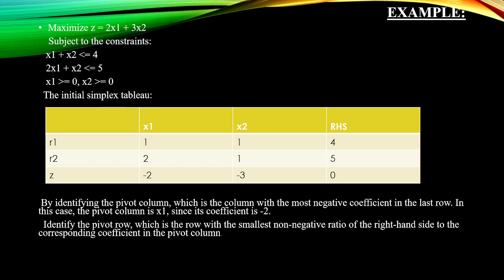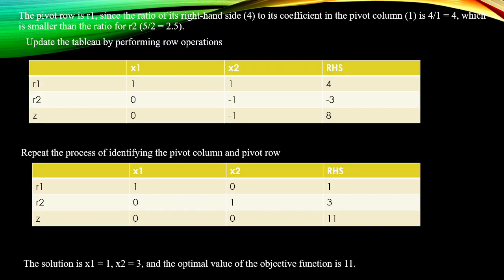Identifying the pivot row, which is the row with the smallest non-negative ratio of the RHS to the corresponding coefficient in the pivot column. The pivot row is R1 since the ratio of the RHS, which is 4, to its coefficient in the pivot column is smaller than that of R2. Update the tableau by performing row operations as shown on the screen. This is the second tableau.